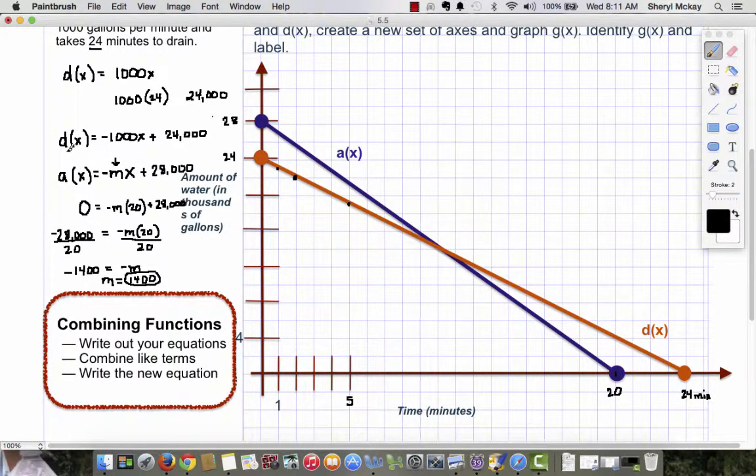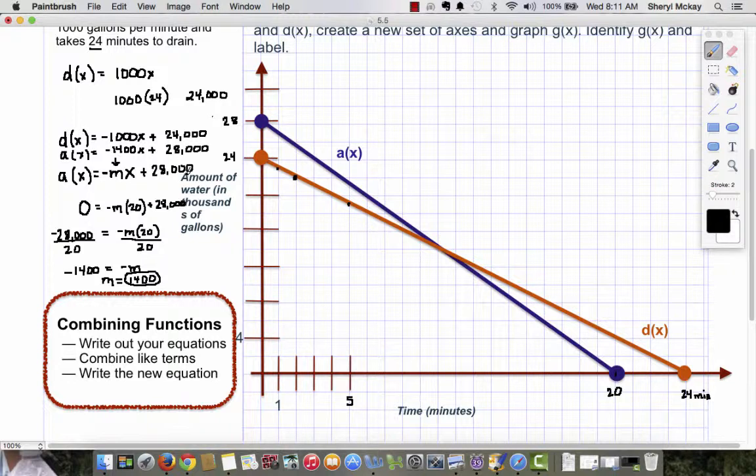So I'm going to go ahead and write a of x equals negative 1400 x plus 28,000. Okay? Does that make sense what I just did? I hope so.